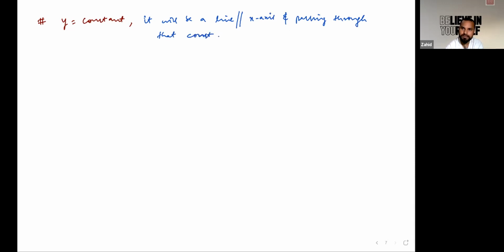I'm giving you one example. Suppose y is equal to 2, so it will be a line parallel to the x-axis and it will pass through 2 like this. Is it clear?